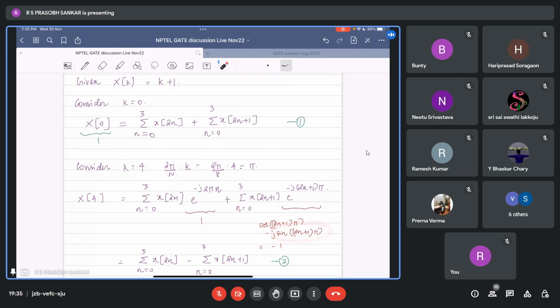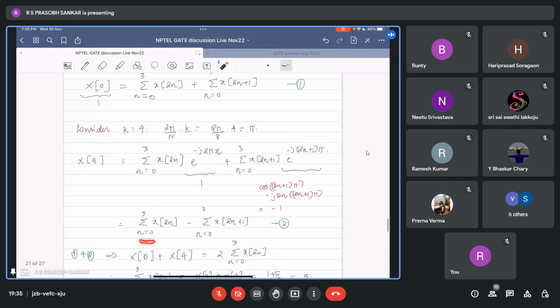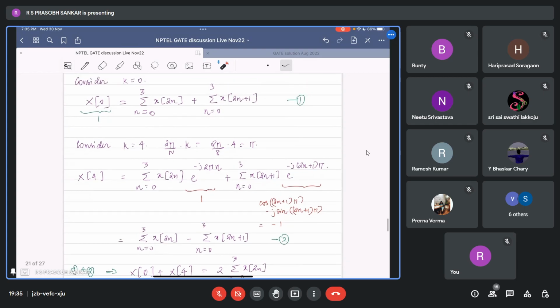For this sine, it is always 0, and for cos, it is cos of an odd multiple of pi, that is minus 1. This is okay, right? You're following, right? If there is any doubt, please ask me. So we have x of 4 to be summation n equal to 0 to 3 x of 2n minus summation n equal to 0 to 3 x of 2n plus 1.